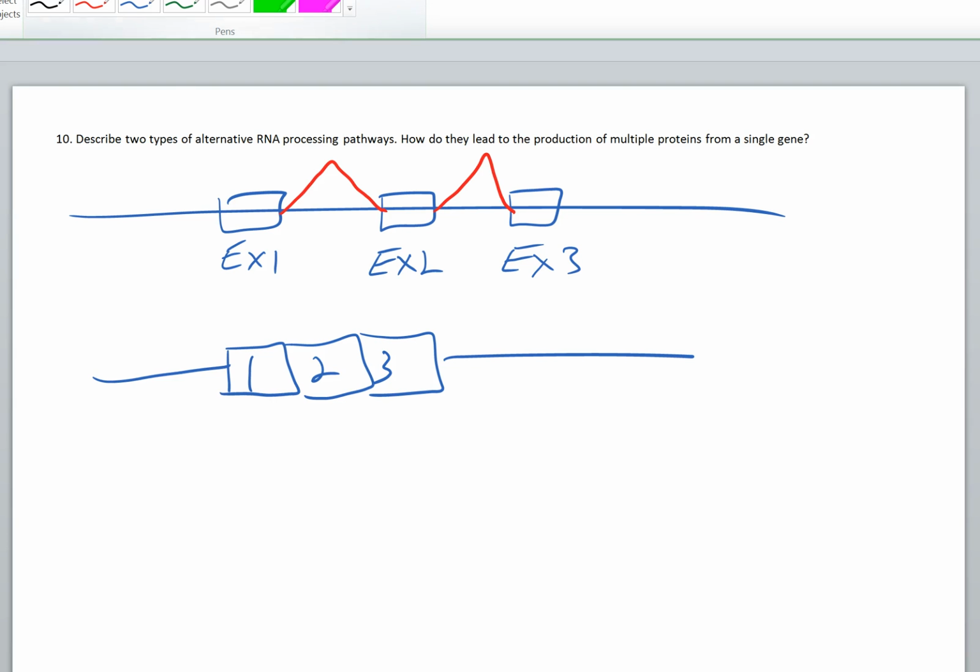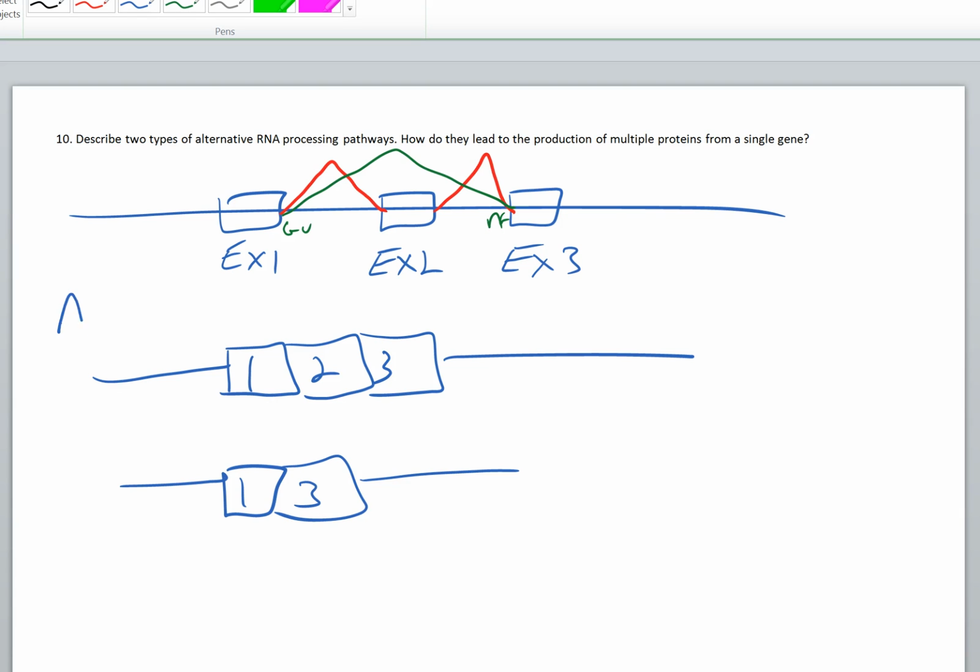But we could also splice this differently. So this is a GU, and this is going to be an AG down here. Maybe we skip that middle intron and we just splice from here and go all the way to there. In that case, we'd have 1 and 3, and we'd skip that exon.